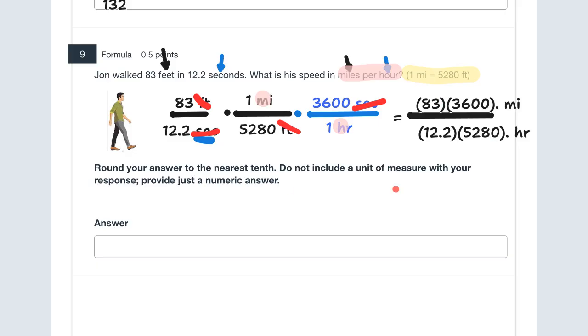So when I type this into my calculator, I'm typing in 83 times 3,600 divided by 12.2 and also divided by 5280. Okay, I've got to make sure I divide by everything in the bottom.